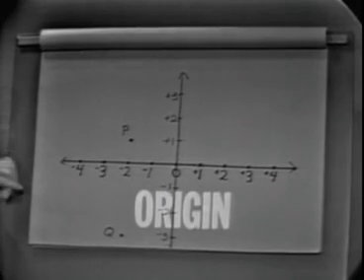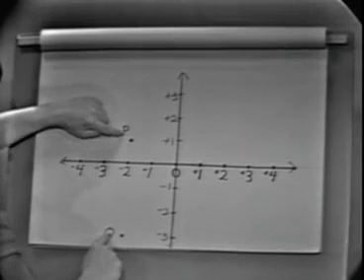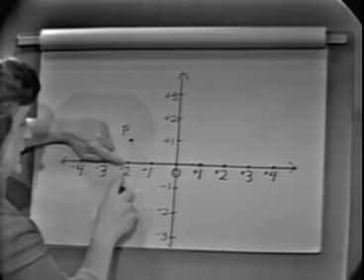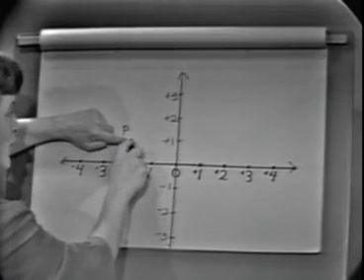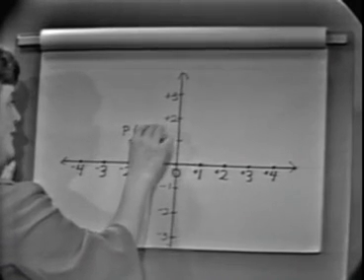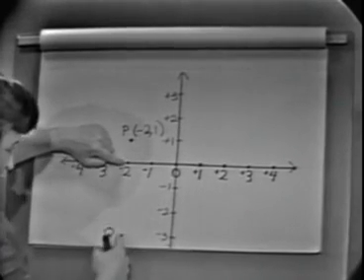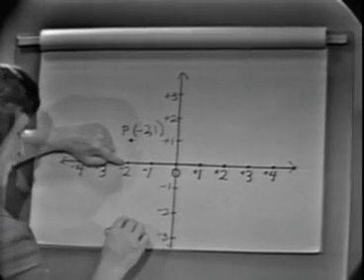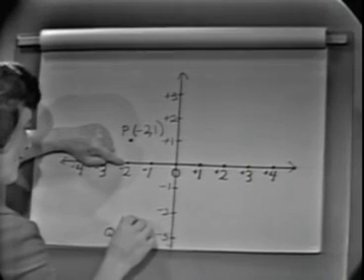And now let's see if we can locate P and Q. We have here then that P is directly above a negative 2 and level with a positive 1. Its coordinate, negative 2, 1. Q, directly below a negative 2 and level with negative 3. The coordinate, negative 2, negative 3.